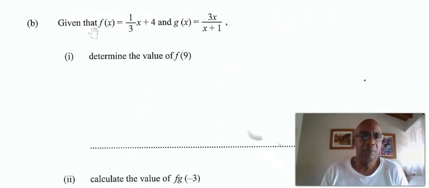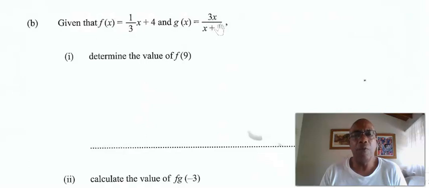It reads, given that f of x equals 1/3 x plus 4 and g of x equals 3x over x plus 1. And the first part of the question, determine the value of f of 9.